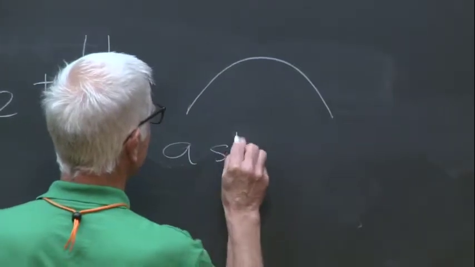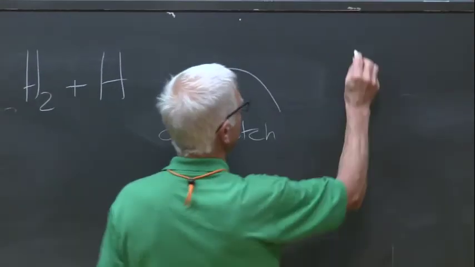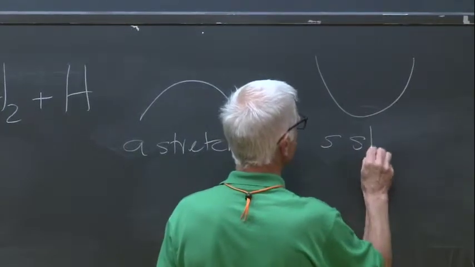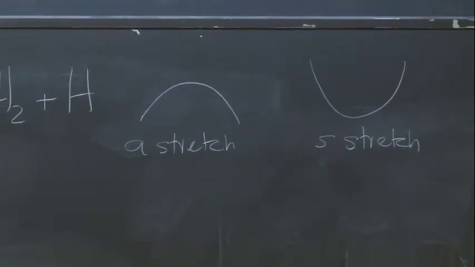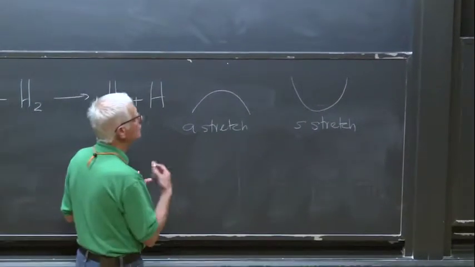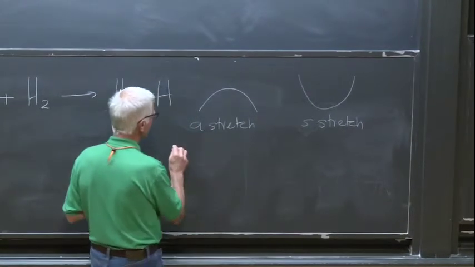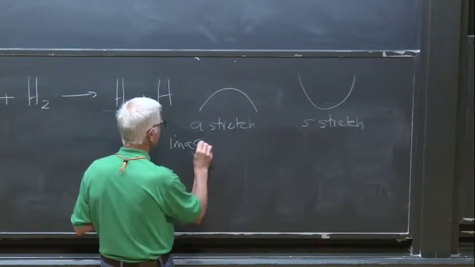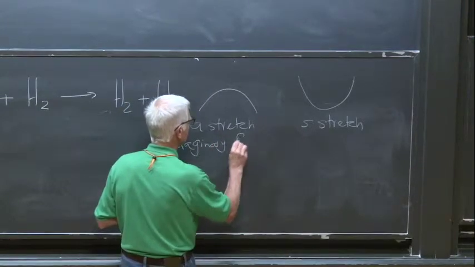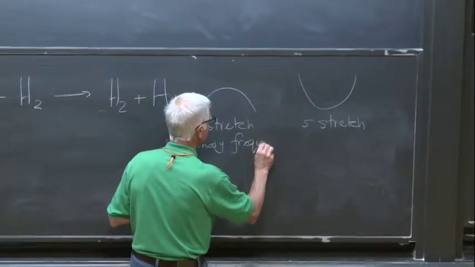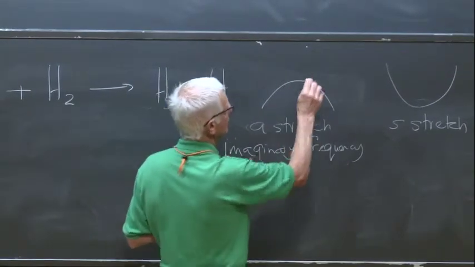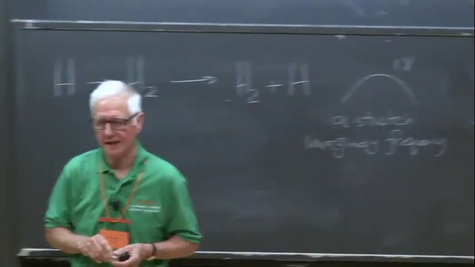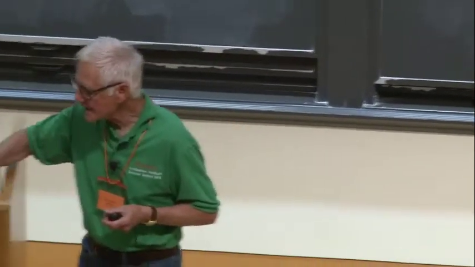We've got this as far as the asymmetric stretch is concerned, and this as far as the symmetric stretch is concerned. So this is a genuine vibration. This is not a vibration, it's more like a translation, but if you do a calculation, then what it does is it returns what's called an imaginary frequency. It gives you a frequency which is related to the curvature of this potential energy curve, but it's imaginary. It's an i in front of it. And that's the reaction coordinate.